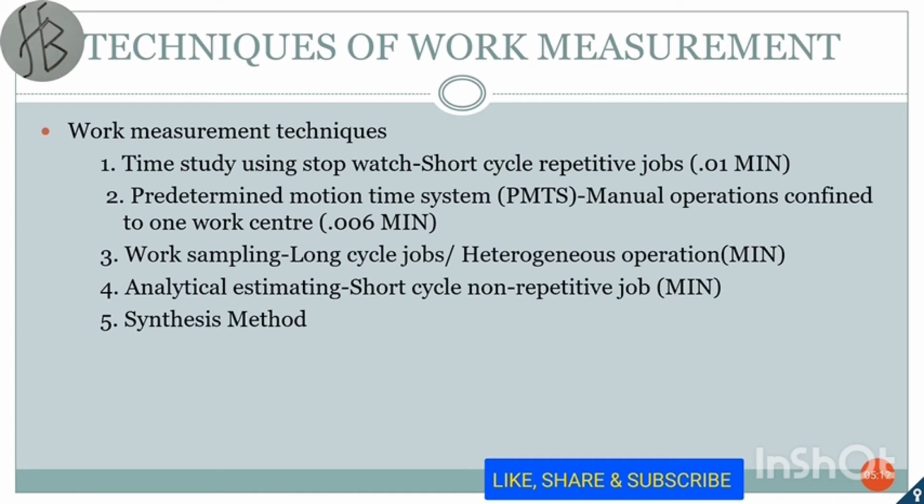It is used for longer cycle jobs or heterogeneous operations. It records the activities of minutes. Analytical estimation includes the study of short cycle non-repetitive jobs. It also studies motions of more than a minute. Fifth method is the synthesis method. So these are the important methods or techniques of work measurement.